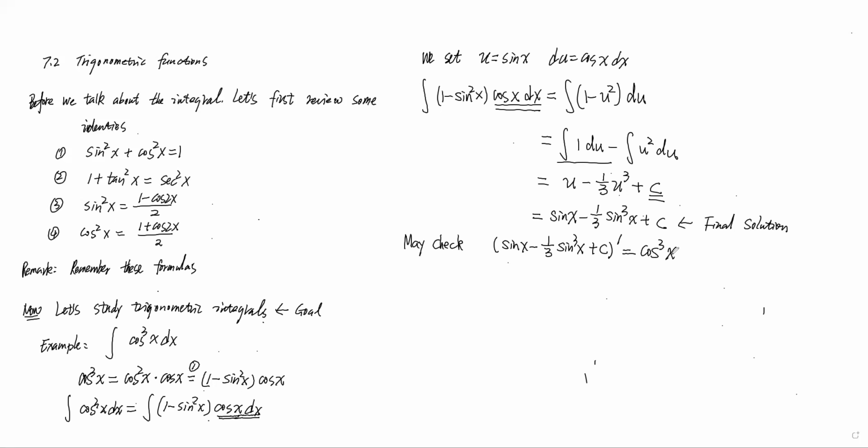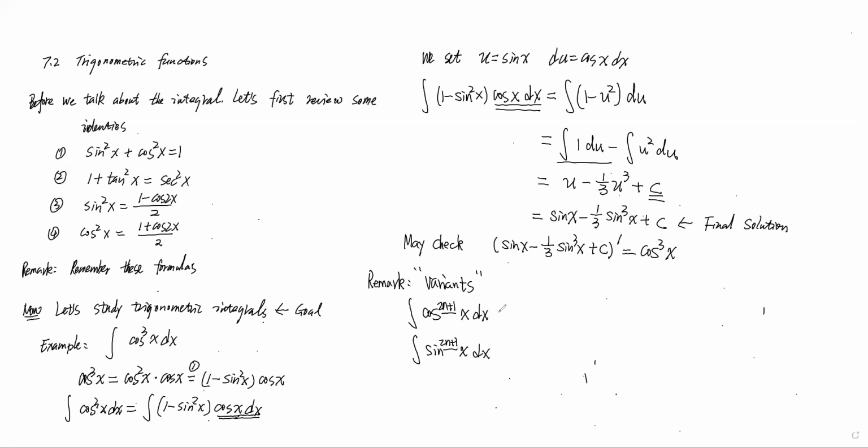Okay, for this problem, I can give you some variants like this. If the problem is like cosine to the power 2n plus 1 of x dx, or sine to the power 2n plus 1 of x dx, it means that the power is an odd number, not even.